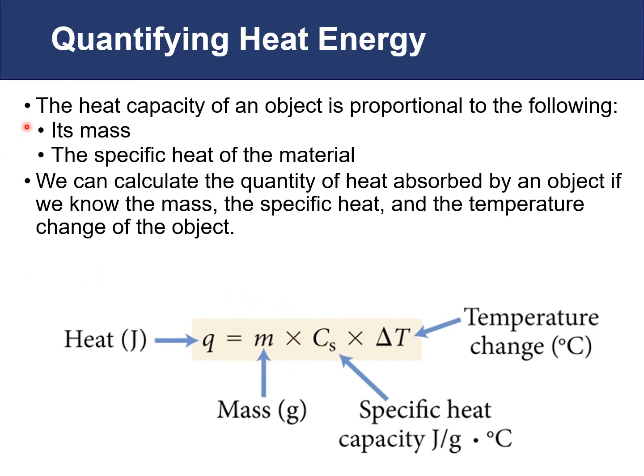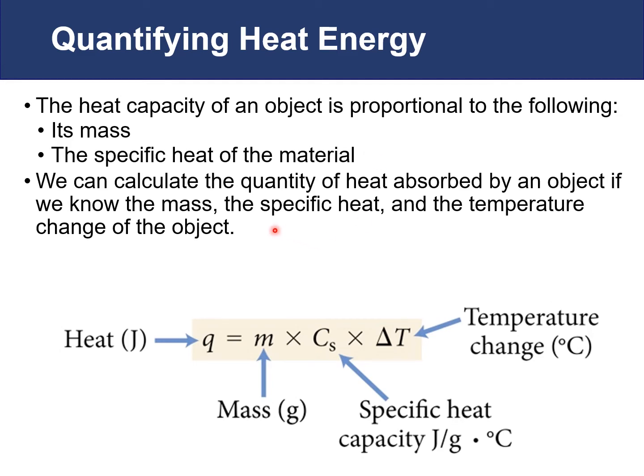So the heat capacity of an object itself, or the specific heat capacity of an object, is proportional to its mass and the specific heat of the material. The more massive something is, the more energy it's going to take to heat it, and the higher the specific heat capacity for a particular material, the more energy you will need to put in to increase the temperature.